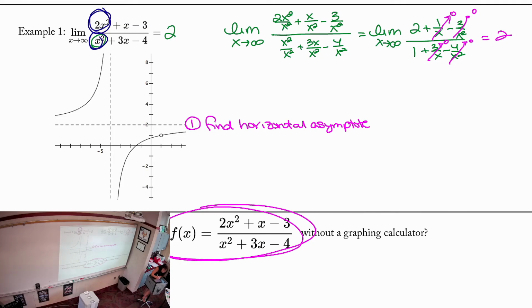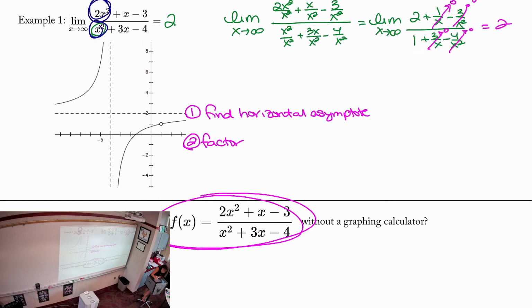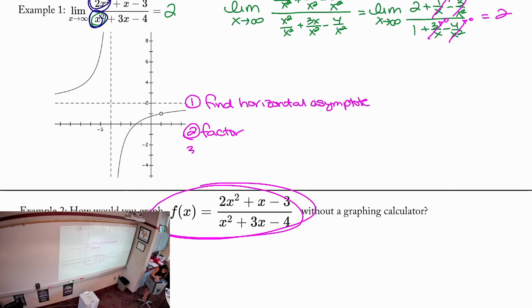Step 2 would be to factor. Step 3 is to cancel. And that's your removable discontinuity, your little open dot. Step 4 is your vertical asymptote.